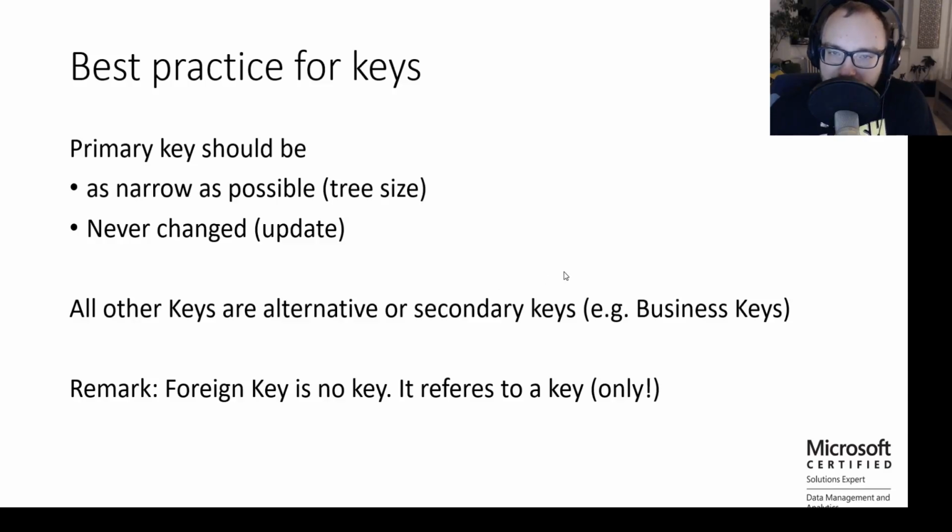Best practices for keys are that the primary key should be as narrow as possible. This is due to the tree size. You learned about root nodes, intermediate nodes, and leaf nodes. The leaf node is always the same size because we have all the data from the rows in there. But in the root and the intermediate node, we have only the key column or columns.